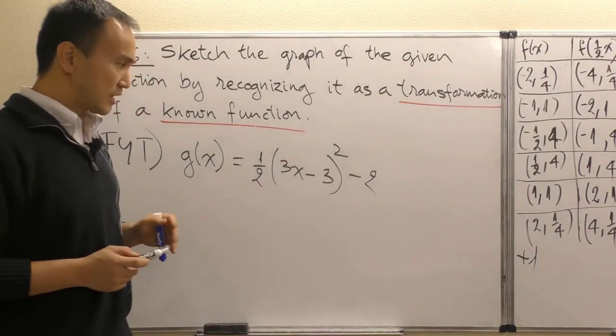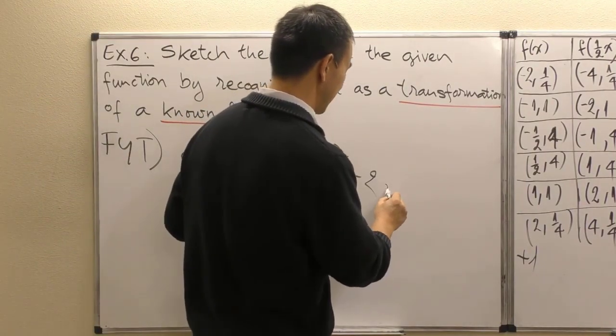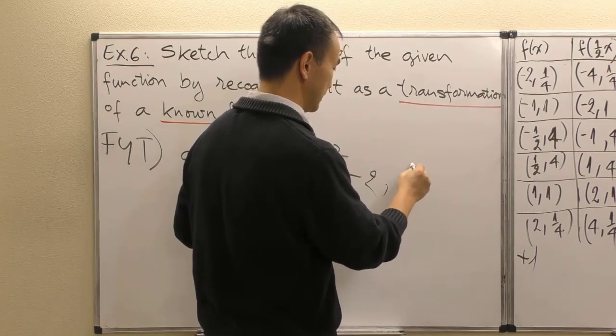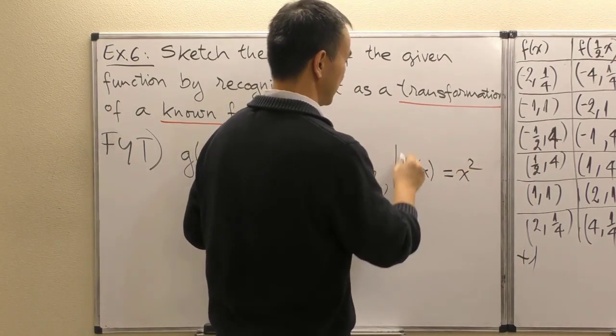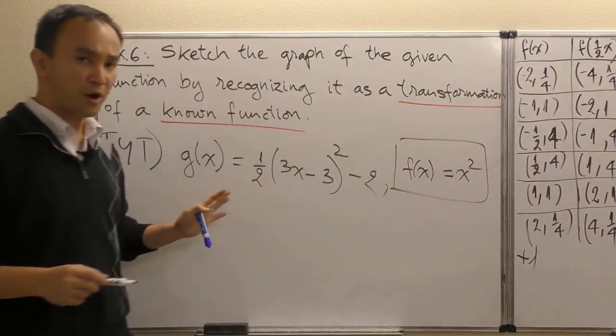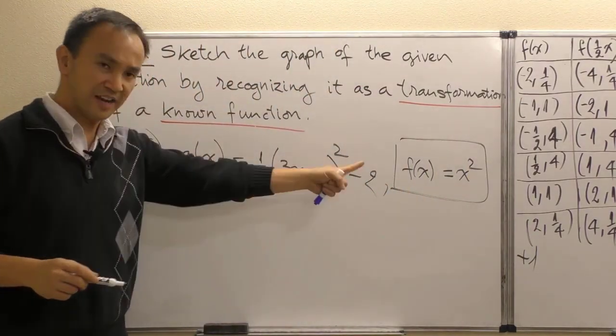All right, so that known function here is f of x equals x squared. I don't think I need to point out my thought process of how I came up with that.